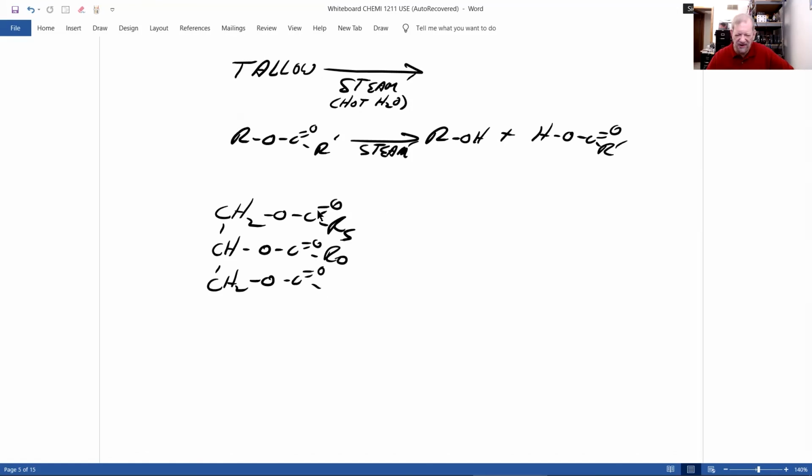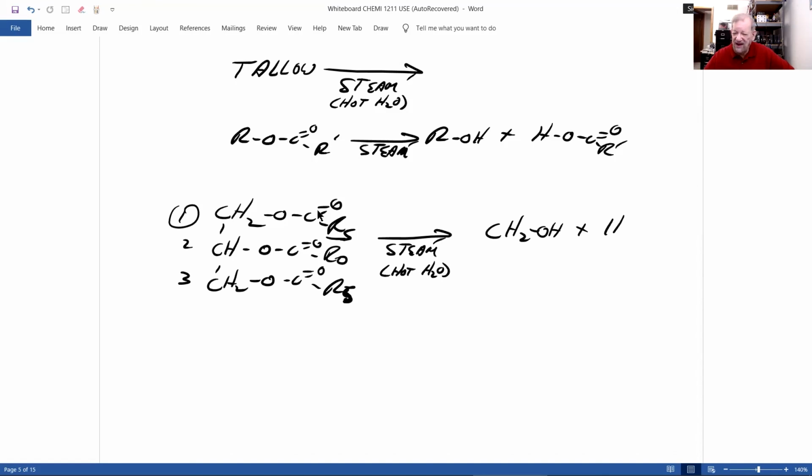isn't it nice? You already know these general reactions. We have our 3 esters, and if we react it with steam, and just to remind you, that's hot water, ester number 1, I'll get this alcohol plus, notice here, I'll get stearic acid, which I'll write this way.